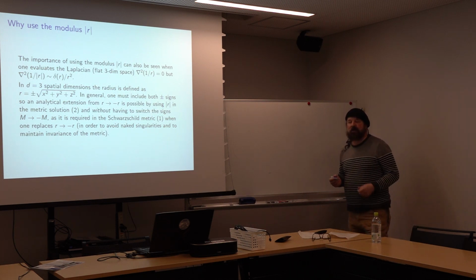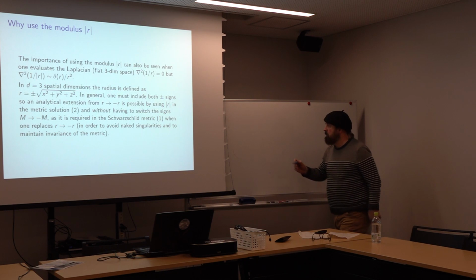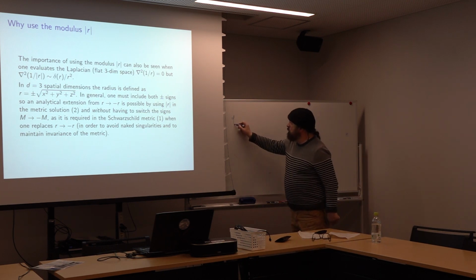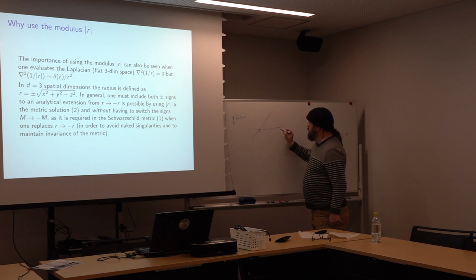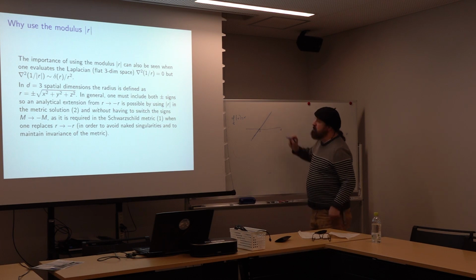When you plot the function f of r equals r, this is what the function looks like. This is the 0, and this is r. So this is a straight line.